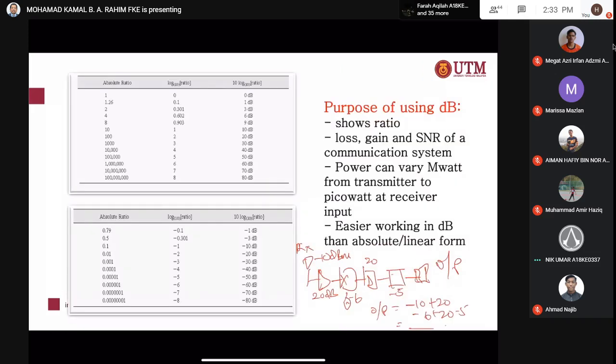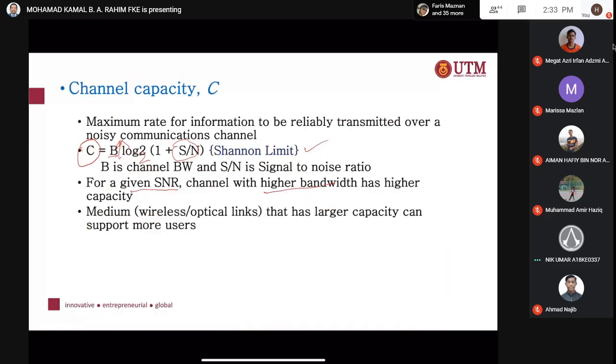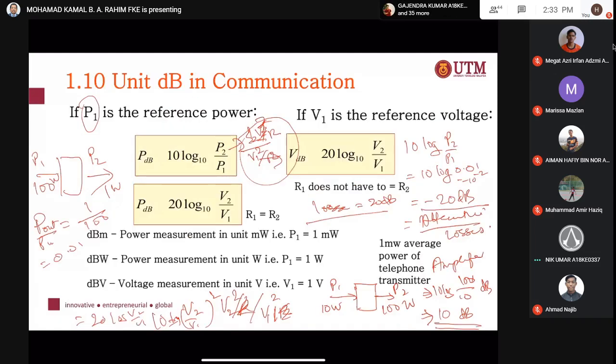There is another thing that is very important from our lecture, in terms of dBm, dBW, dBV and so on. You see that we have P1 here, 1 milliwatt, P1 here, 1 watt, V1 here, 1 watt.